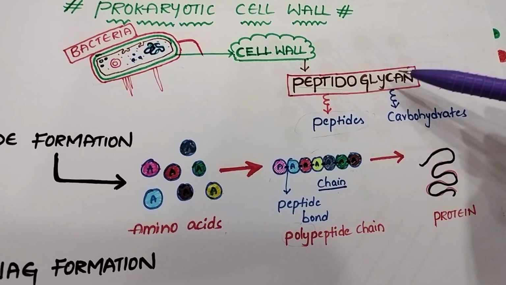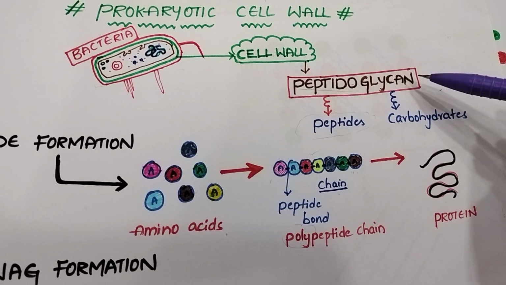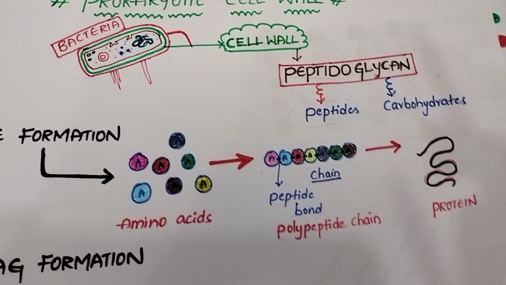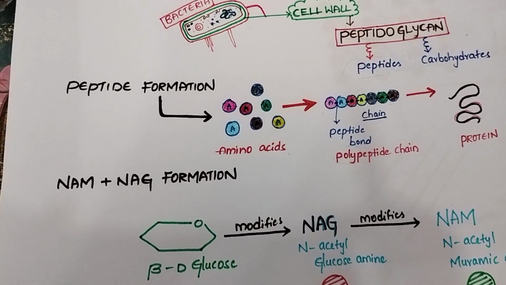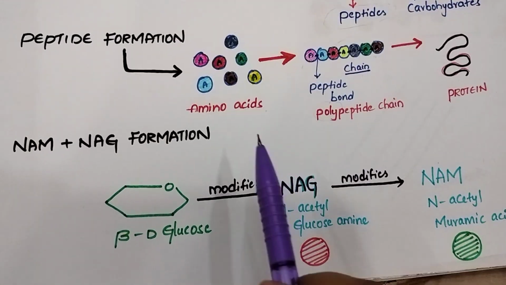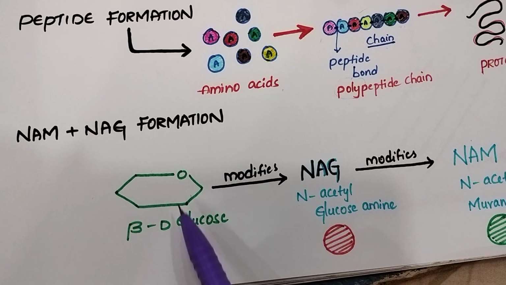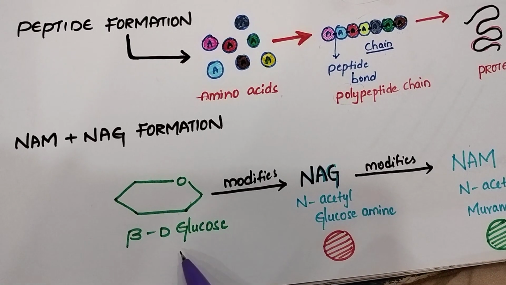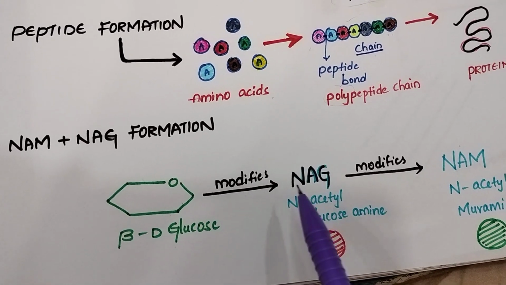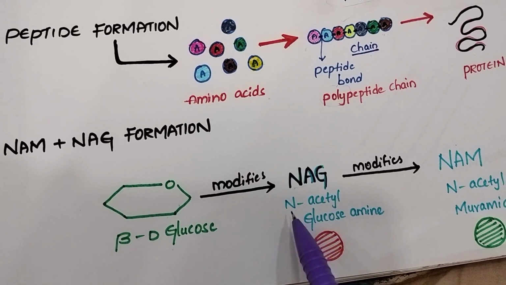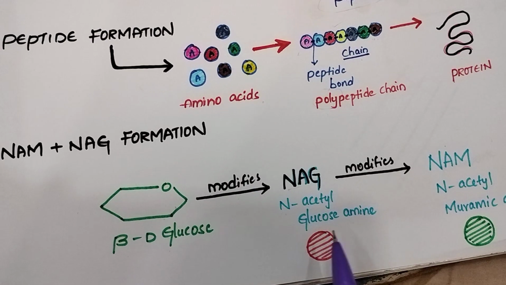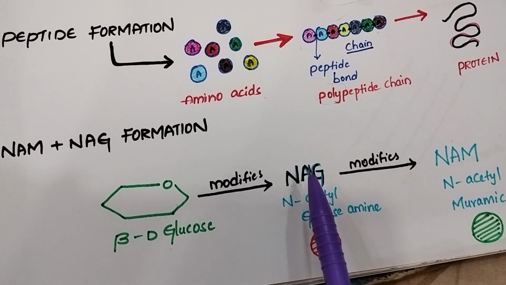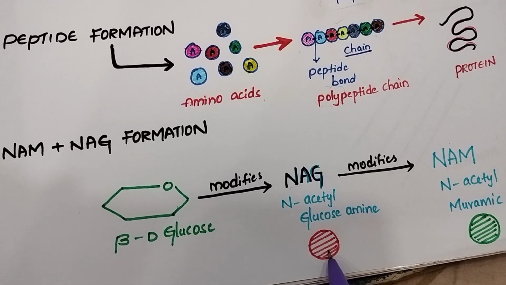Let's go on to the glycan, the carbohydrate. Let's see what types of carbohydrates are present in the prokaryotic cell wall. Here is a structure called beta D glucose. This beta D glucose modifies and forms NAG, that is N-acetyl glucosamine, which I have represented in a red colored structure.